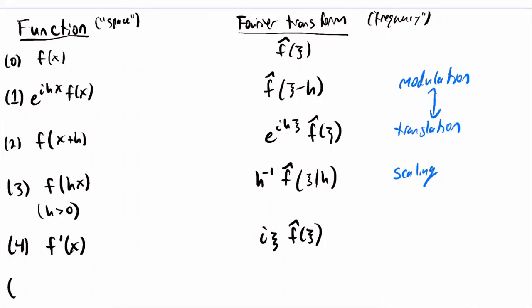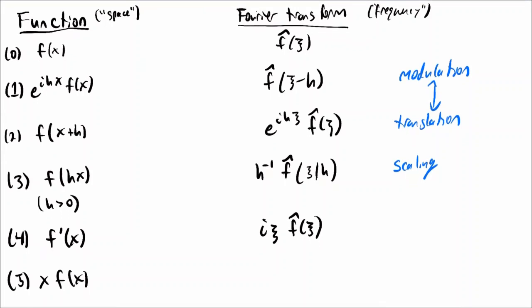And similarly, I can reverse this. Let's say I multiply my function f of x by x, the variable x. Well, if I take the Fourier transform of x times f of x, I end up with i times the derivative with respect to xi of f hat.